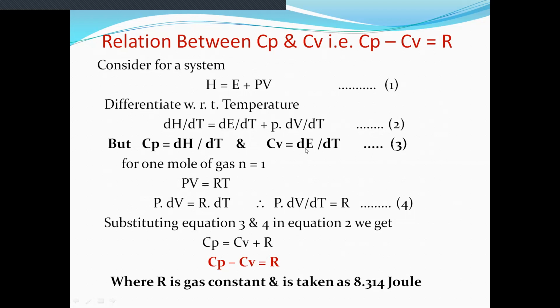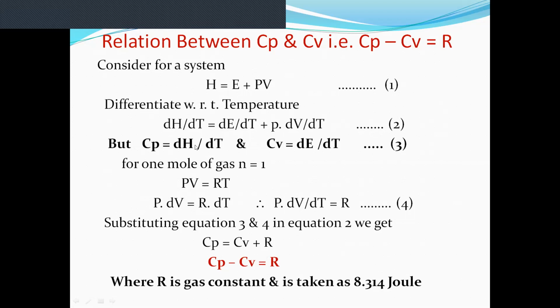Now, as we have already seen the definitions of molar heat capacity at constant pressure and molar heat capacity at constant volume with their formulas. What is the formula for molar heat capacity at constant pressure? That is Cp is equal to dH upon dT.